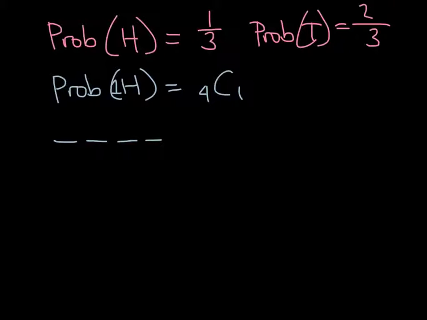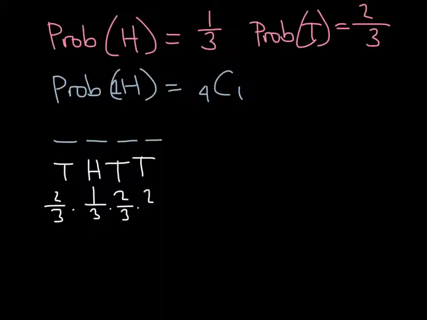To see why, let's take an example of a sequence that has 1 head. So let's say this is tails, head, tails, tails. Probability of getting a tails here was 2/3 times the head, 1/3, 2/3, 2/3.